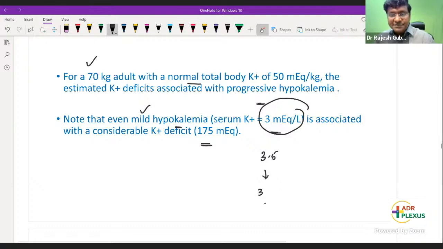If this 3.5 has become 3, the total body potassium which is being lost is almost 175 milliequivalents, not per kg, I'm very sorry, I'm confusing you. So now how will you replace, right?